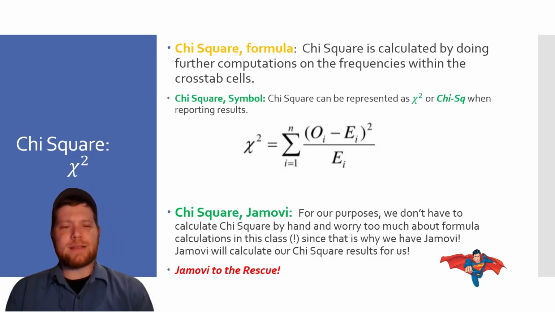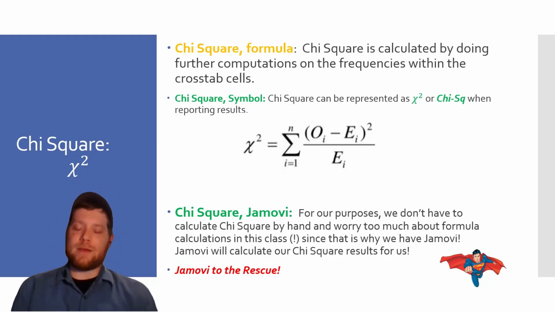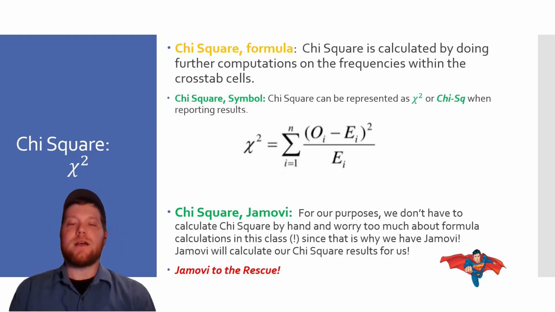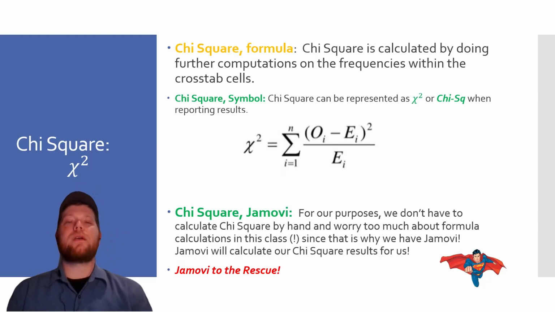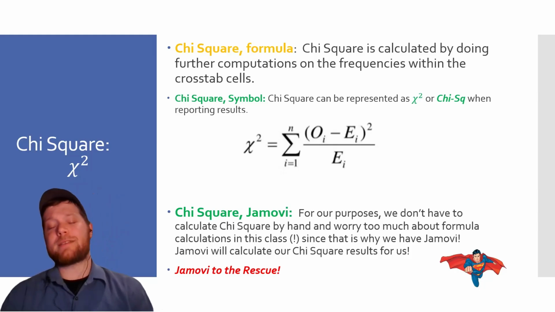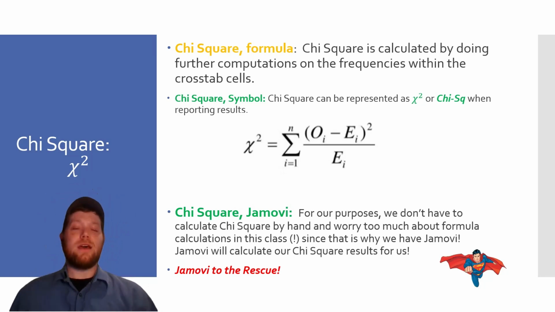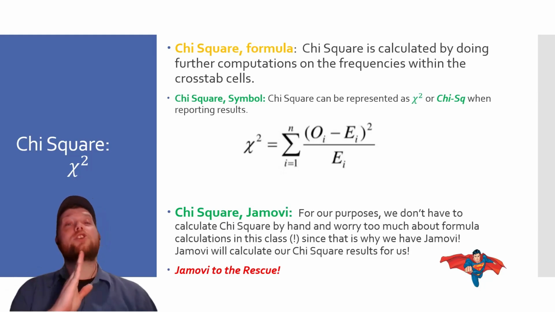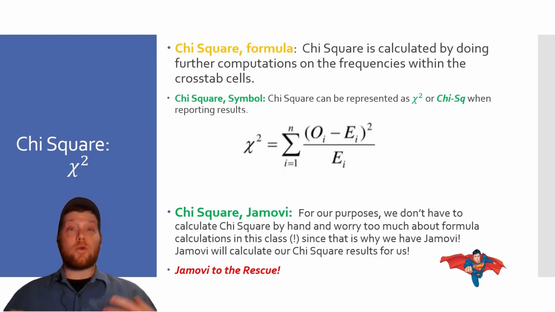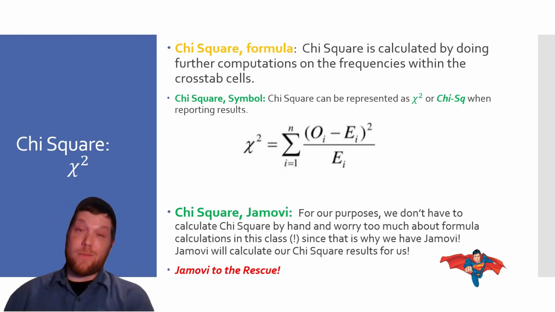Because to be very honest, doing all this stuff by hand is a waste of our time. It's important to know where it comes from, have a historical element, and see where these things are actually being drawn. But it's not important to do all this stuff on your own. In fact, what's more important is that you can use Jamovi to let it do the number crunching and then interpret the stuff more correctly. And that's the more important part.